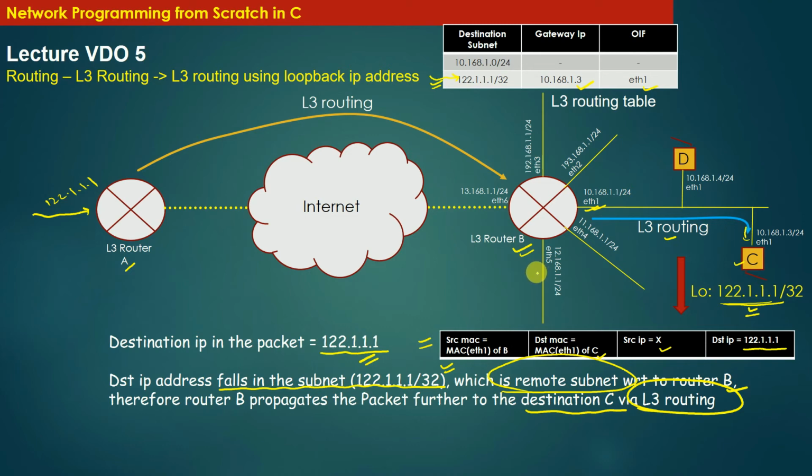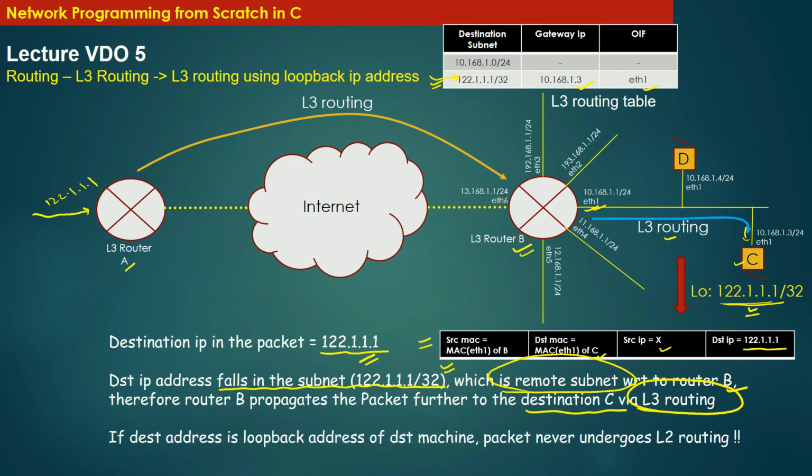So the end result is that if the destination IP address specified in the packet is actually the loopback address of the destination machine, the packet never undergoes L2 routing.